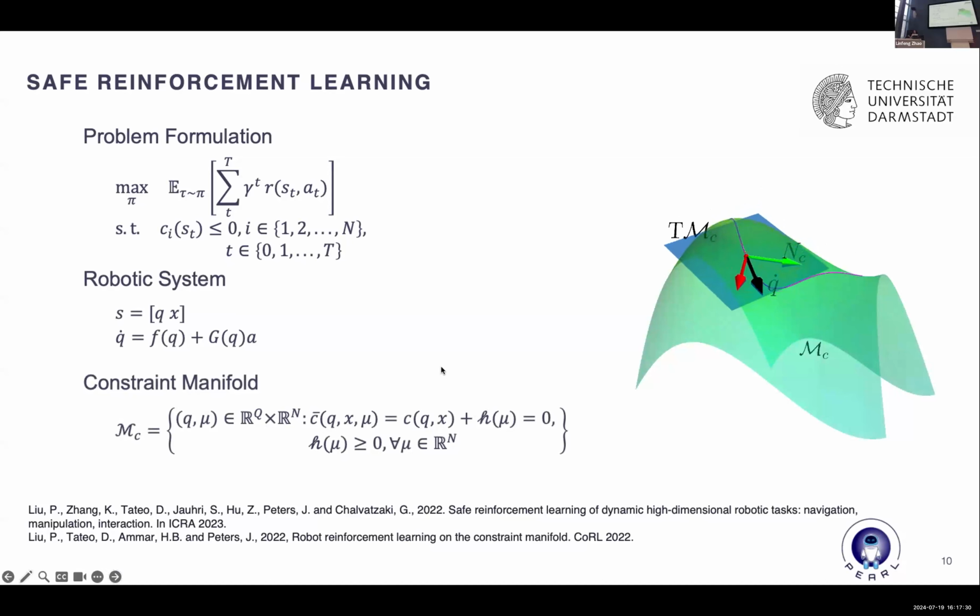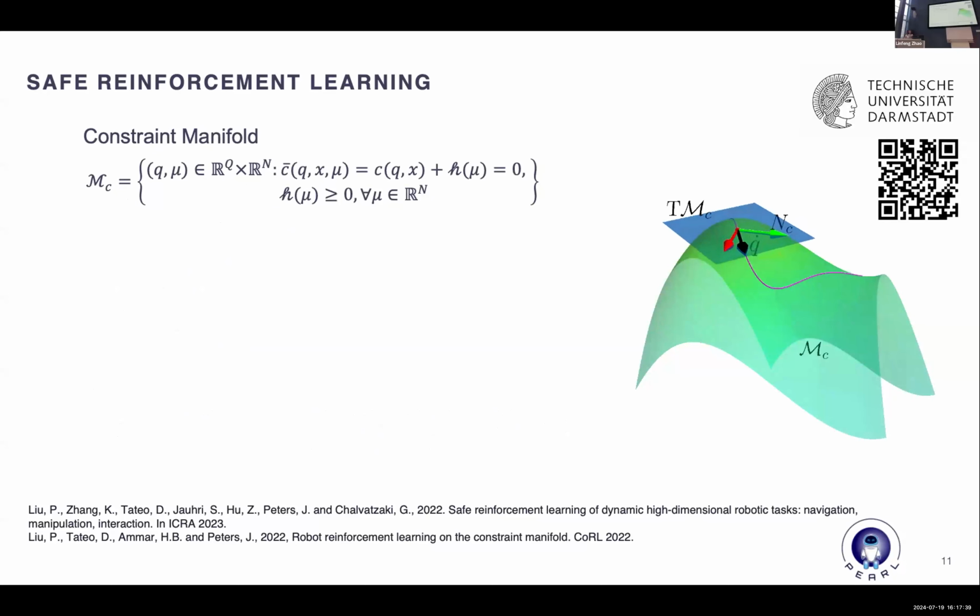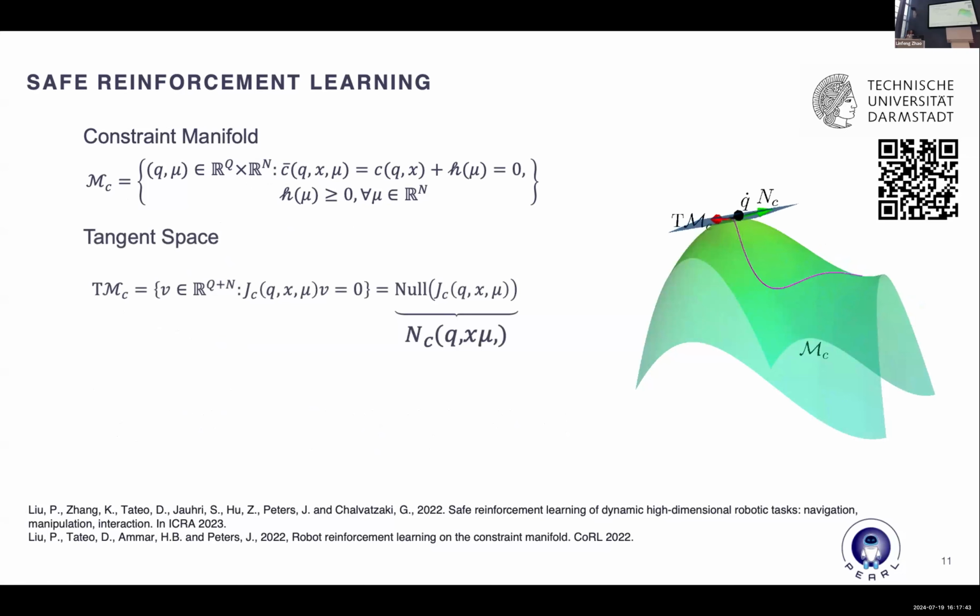Now, the question is, how can we use these manifolds in order to impose safety while we are doing reinforcement learning? So we take the constraint manifold and we compute the Jacobian of this manifold.